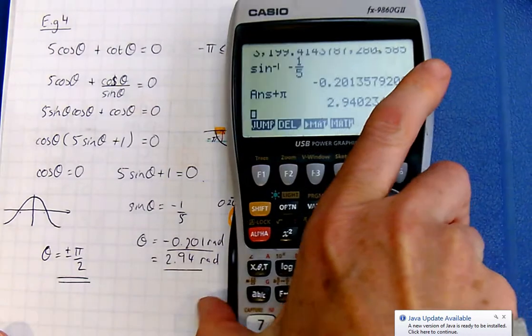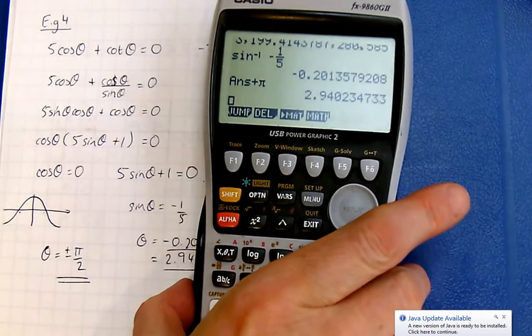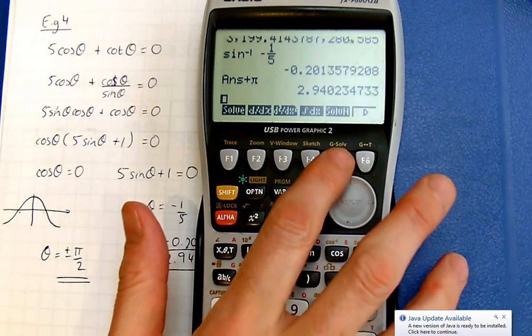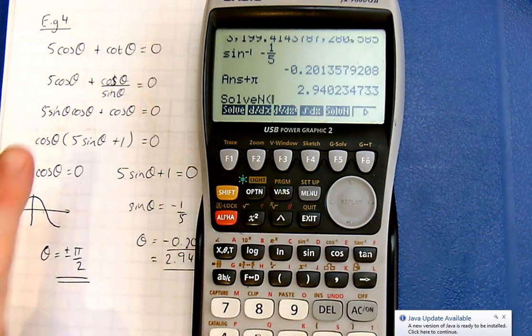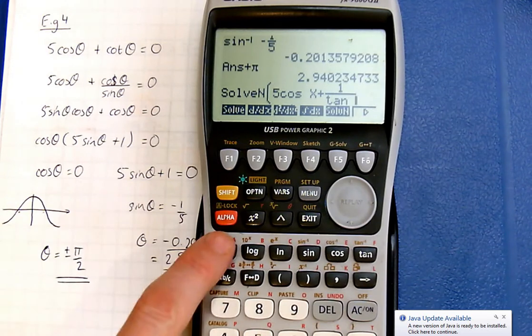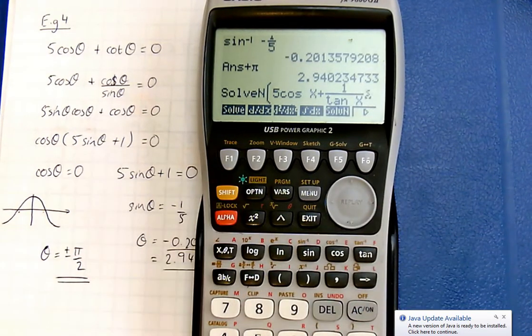Okay, remember on your calculator to check, you press options and then calc and then solve n, and we type in the equation. So 5 cos x plus cot, which is 1 over tan x, equals 0.